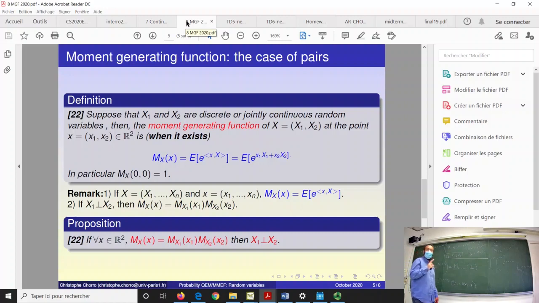Something that is really powerful, because what you know in general is that independence implies covariance 0. I have said to you to be careful, covariance 0 in general doesn't imply independence. Okay, it's not true in great generality, but in a particular situation it will be, because we are going to use this one in the case of Gaussian.